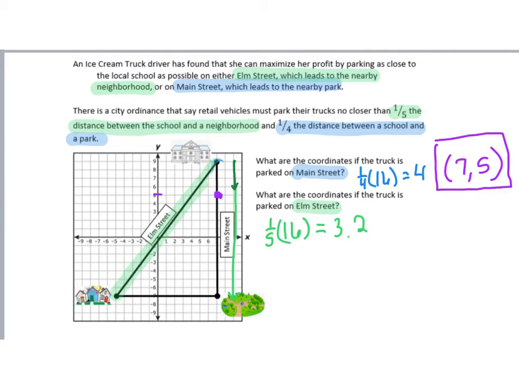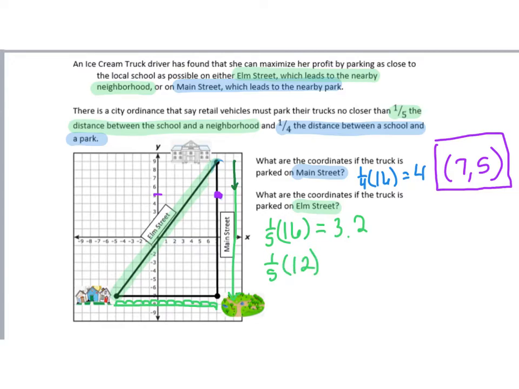Okay, then we're going to look at how far left. What is my amount of change to the left, my horizontal change, if you will? When I count that one, because we haven't counted that one yet, it's 1, 2, 3, 4, 5, 6, 7, 8, 9, 10, 11, 12, and remember we can only go 1/5 of that.